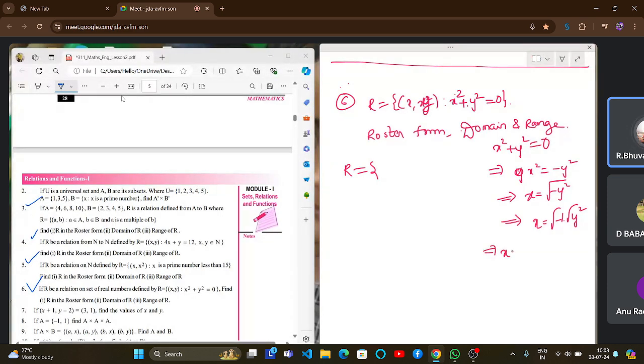So x equals root of minus 1 into y square, and the root cancels. So finally the x value is root of minus 1 into y. This is the x value. Now for example put x equals 1, then the y value.